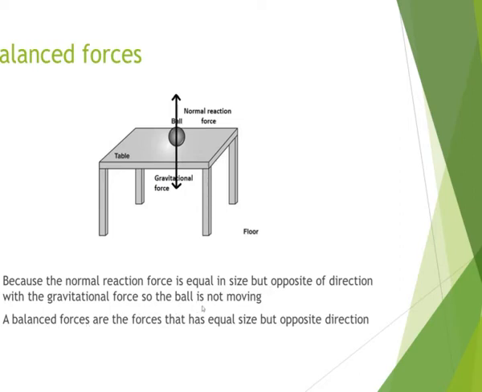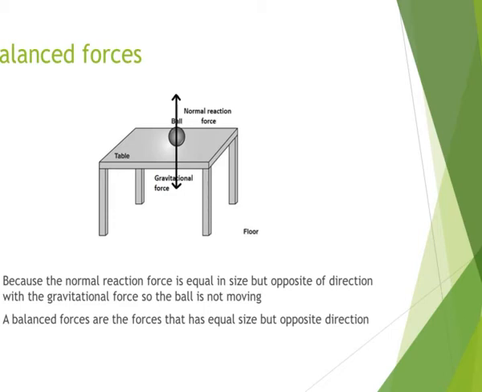So there are two forces pushing the object in different ways. The gravitational force is pushing the object downward, and the normal reaction is pulling the ball upward. Because the size is equal but the direction is opposite, the ball is not moving.